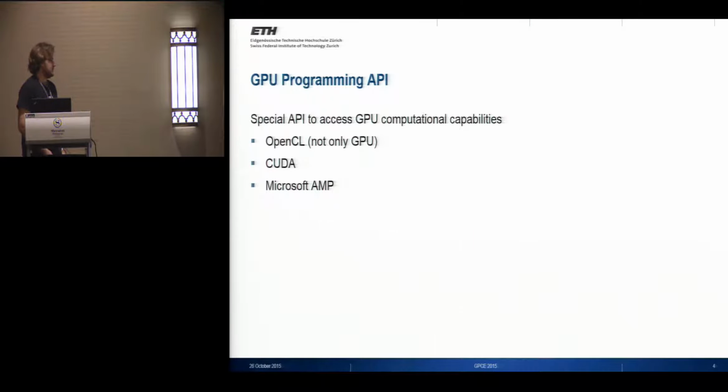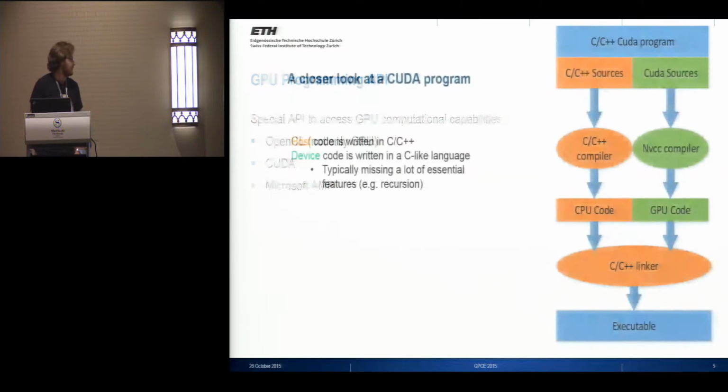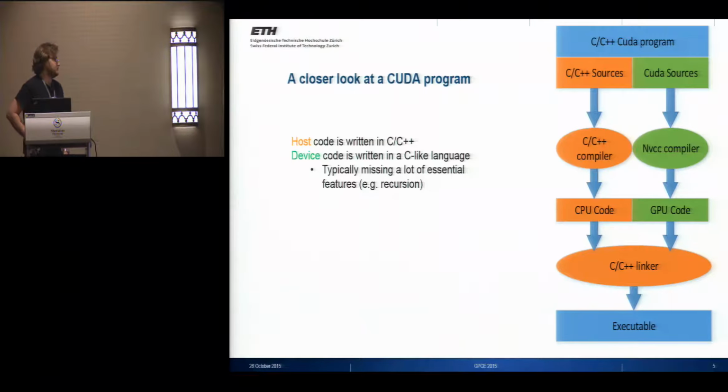And there's Microsoft AMP if you're a Microsoft fan. In our work, we focus on CUDA because we happen to have a GeForce card. But the concepts are API independent.